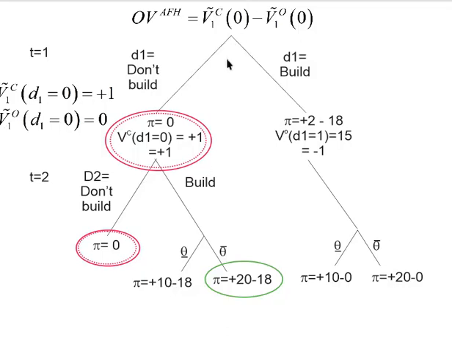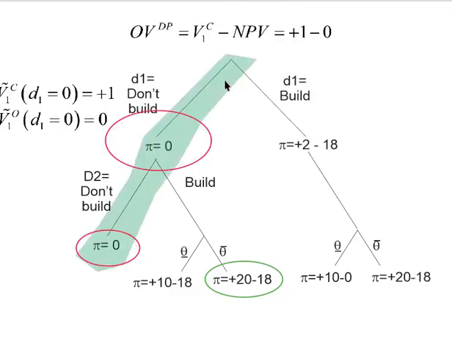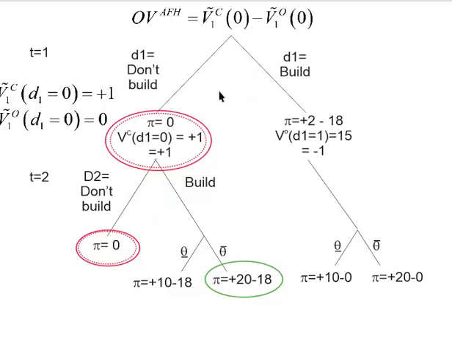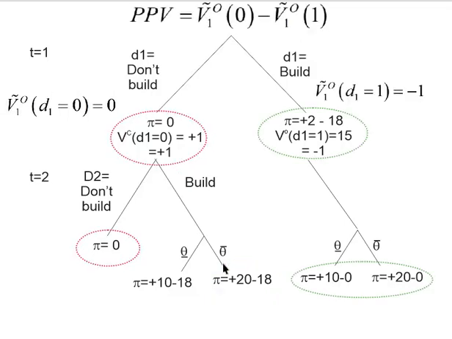So in this case, the Arrow, Fisher, Henry and the Dixit and Pindyck values are the same, but conceptually they're slightly different. In the Dixit and Pindyck case, we're comparing the net present value, where you're making that decision and locking in on it. The Arrow, Fisher, Henry case is you are taking into account that you're going to get information and your choices might change. Okay.